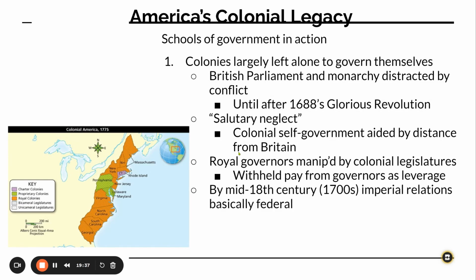As a result of distraction, salutary neglect, and manipulation by the colonists, by the time we get to the mid-18th century, the relationship between the British government in Britain and the British colonists was basically a federal system.